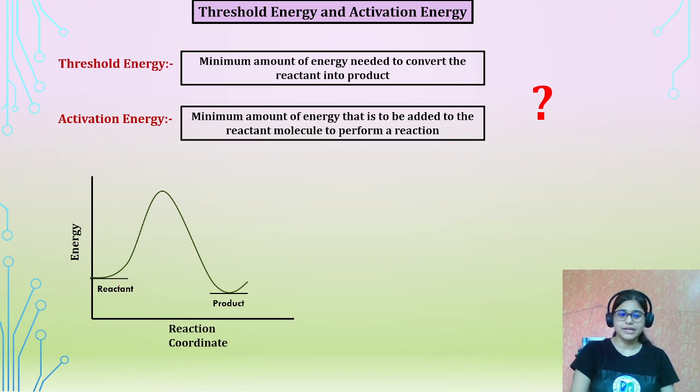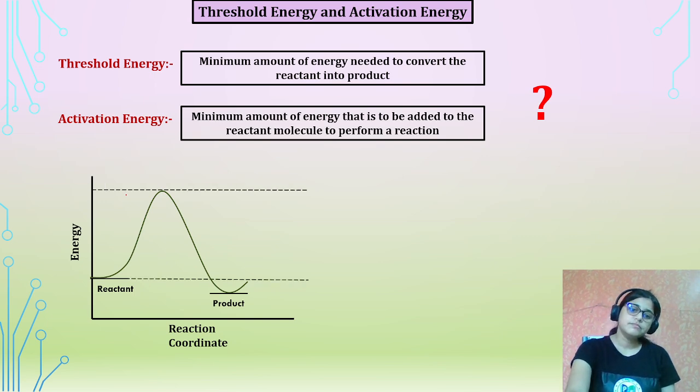This is the energy of the reactant. Fine. This is the transition state of the reaction. Now this is the Ea. This is the activation energy for the reaction, which means the energy needed to be added to the reactant molecule to perform a reaction. When we give this much energy, then the reaction will happen.